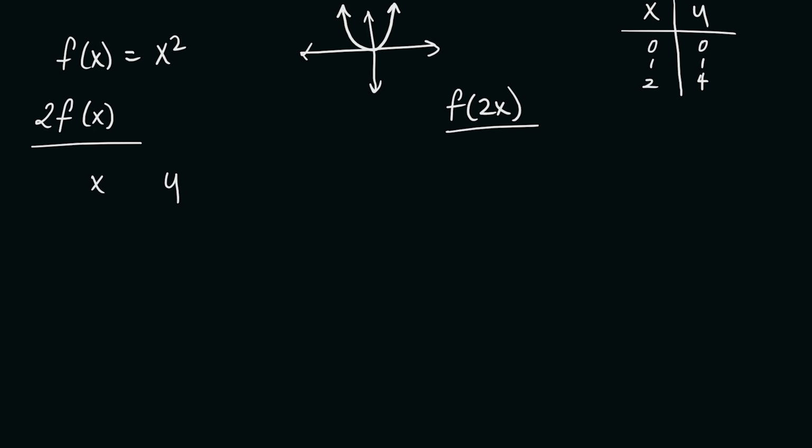If we have the x and y here, we're going to use the same values, 0, 1, 2. Now, how would we figure this out? If 0 was x, then of course it's going to be 0.